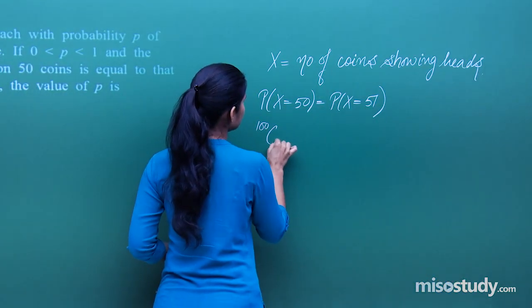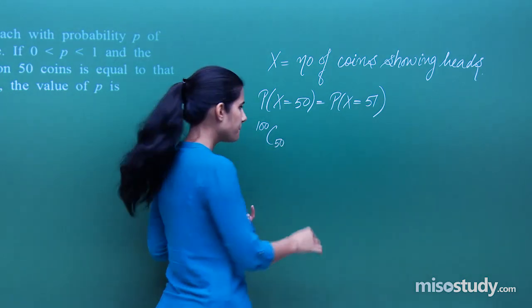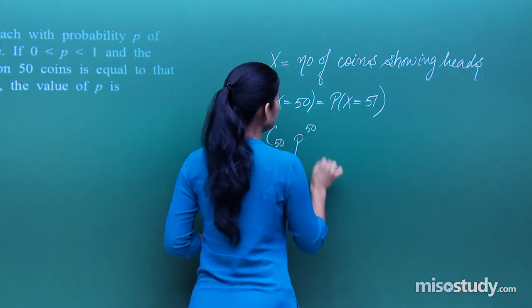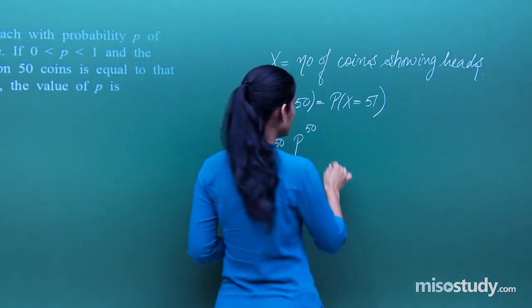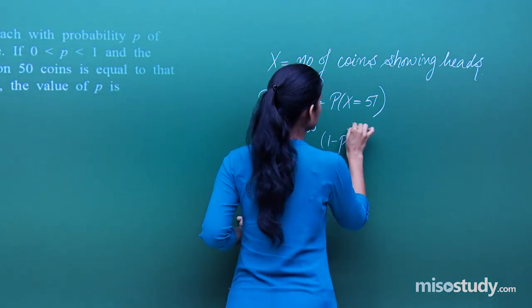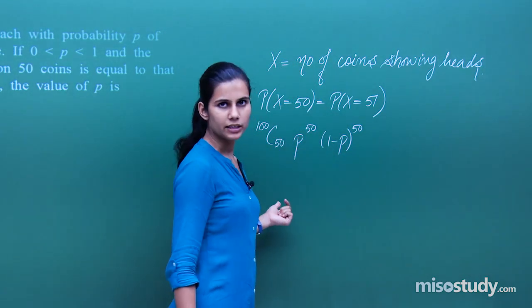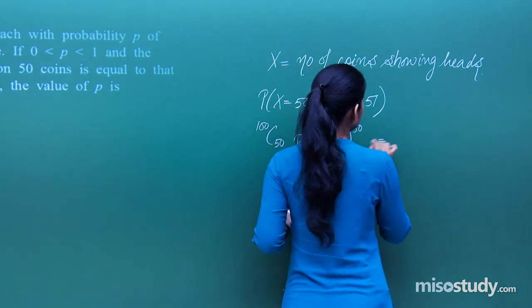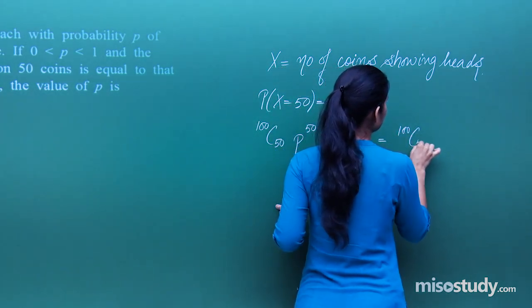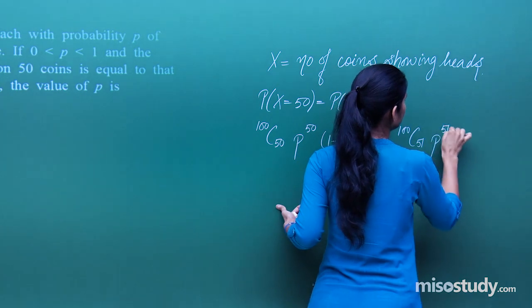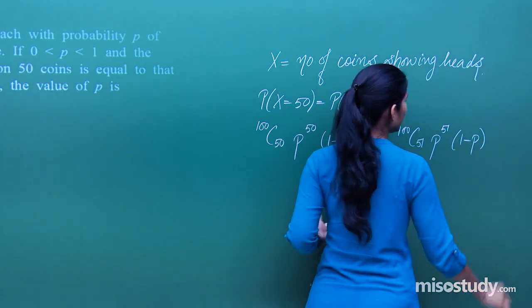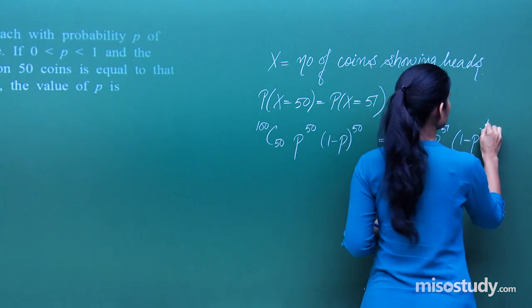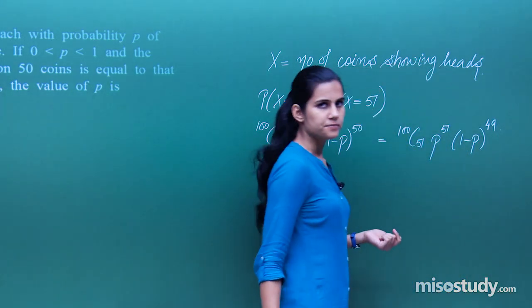So I'm going to say 100C50, p to the power 50, q to the power 100 minus 50, but q is nothing but 1 minus p, to the power 100 minus 50, which is 50. This is equal to 100C51, p to the power 51, 1 minus p to the power 100 minus 51, which is 49.